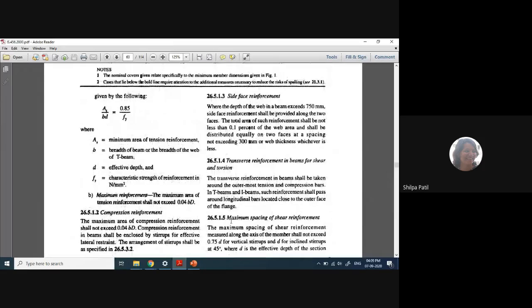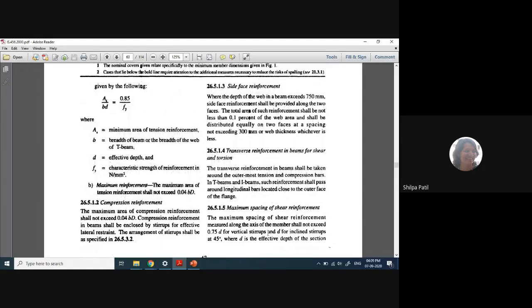Here it is given, the maximum spacing of shear reinforcement. The maximum spacing of shear reinforcement measured along the axis of the member shall not exceed 0.75 d for vertical stirrups and d for inclined stirrups at 45 degrees, where d is the effective depth of the section.